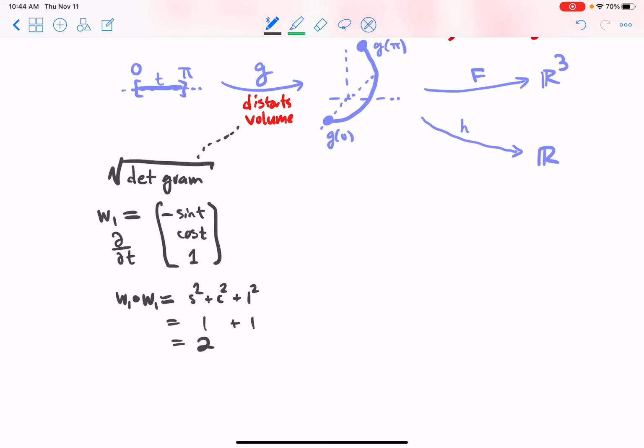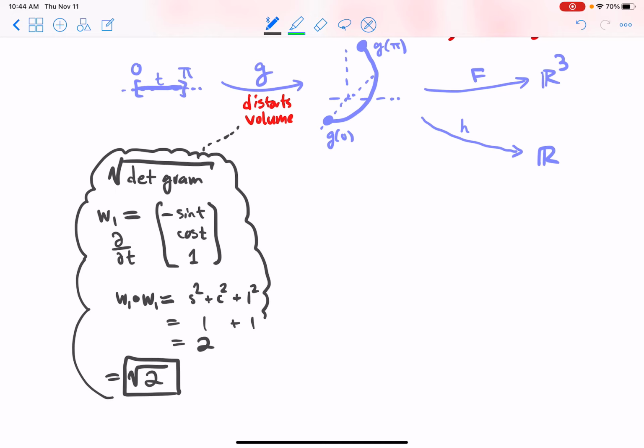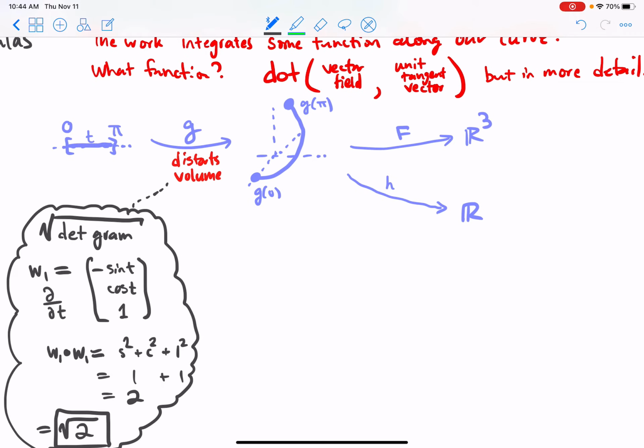Then I take the determinant of a 1-by-1 matrix, which gives me just that number, and then the square root gives me the change of volume factor, which is the square root of 2. Maybe I'll put all these formulas in a little thought bubble, because instead of integrating over this difficult curve, I'm going to integrate over a nice rectangle, a one-dimensional rectangle from 0 to pi.